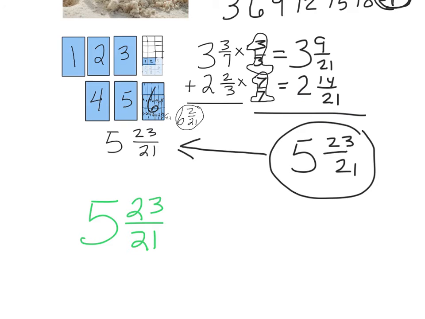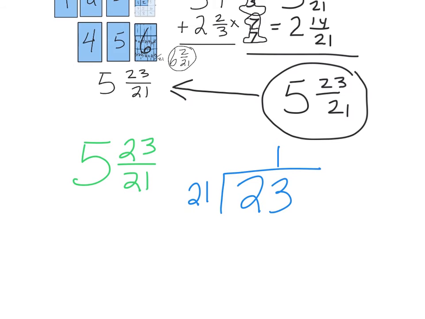So I'm going to just do that right now. I'll do 23 divided by 21, and that will go in there one time, right? So 1 times 21 will give me 21, right? And then when I subtract, I get 3 minus 1 will give me 2, right?